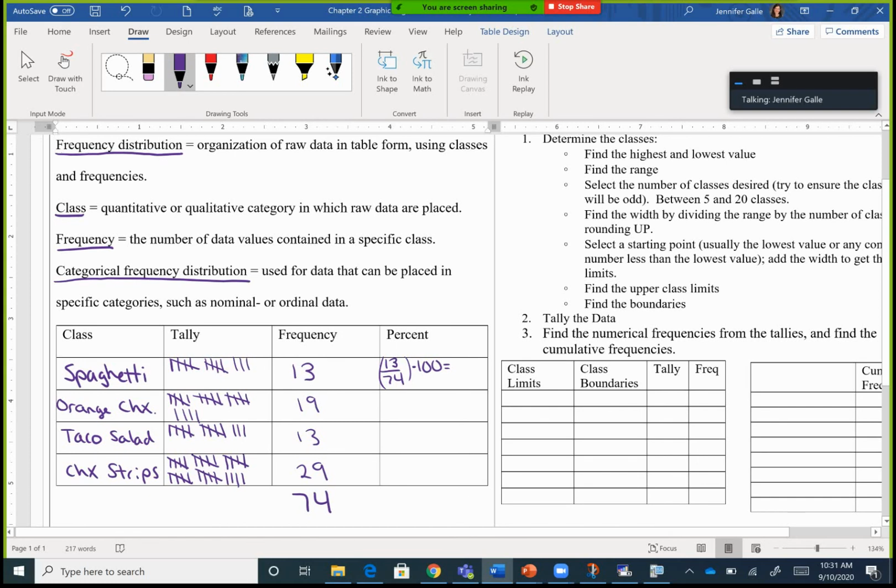And this pie works out pretty ugly. Let's go ahead and round to the nearest 1/10 of a percent. So let's see, we have 19 out of 74. And then 29 out of 74.